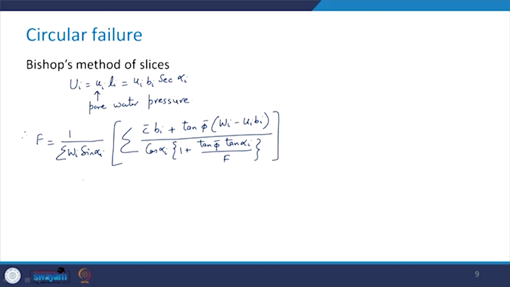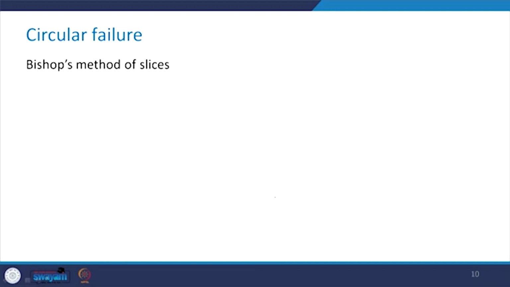Now, I make an assumption that m alpha i is represented by cos alpha i into 1 plus tan phi bar tan alpha i divided by the factor of safety. So, what are we going to get now?